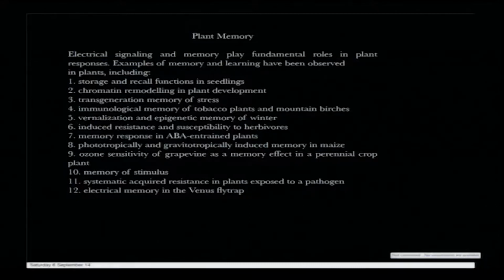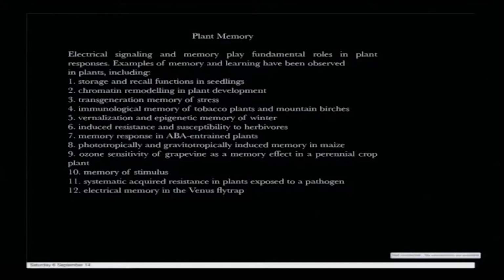Next is chromatin remodeling in plant development. Then you have the transgenerational memory of stress. They could respond to the stress as if they already have a memory recall switch by which they know how to respond. Then you have the fourth one, the immunological memory of tobacco plants and mountain birches.